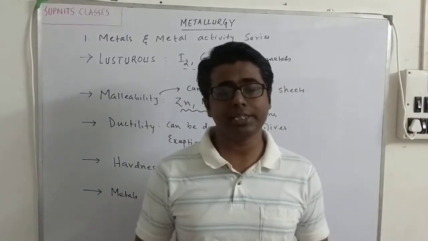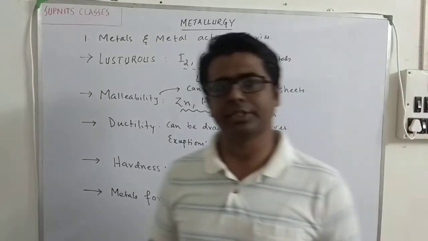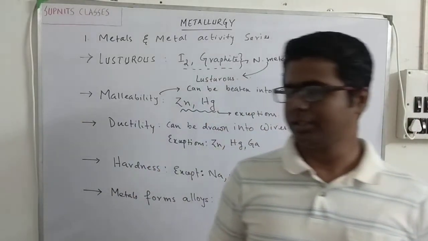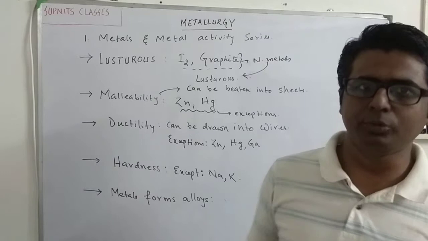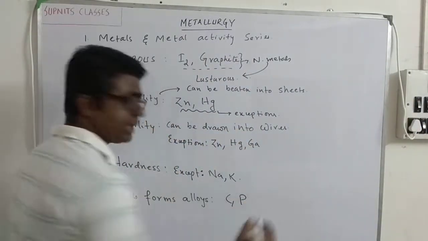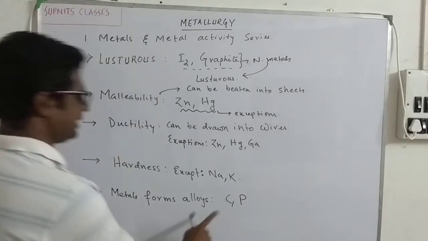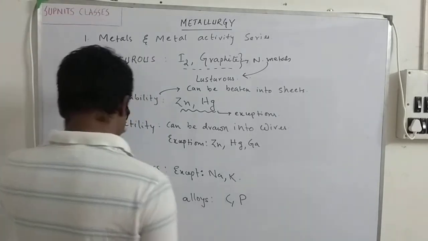People may ask you, is there any non-metal that forms alloys? Yes, there are two non-metals that form alloys. Number one is carbon, number two is phosphorus. Sometimes sulfur also forms part of some of the alloys, but basically you have to study carbon and phosphorus.